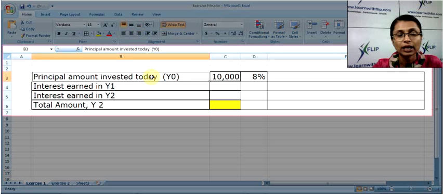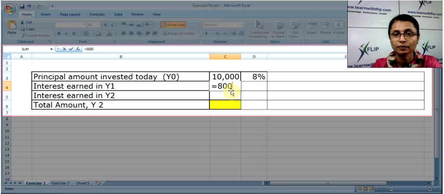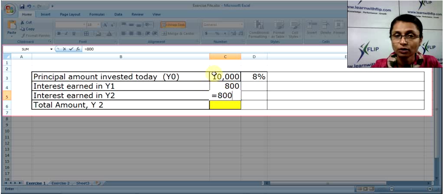Now, let us say that we invest 10,000 rupees today, which I'm calling year 0, at say 8% per annum. We'll earn 8% on 10,000 in the first year. That is, of course, 800. What about the second year? Well, the second year also, we earn 800 on 10,000. Are we missing something?